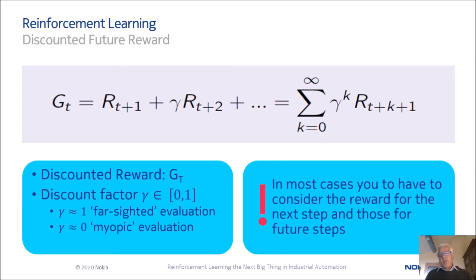Because you might do a move into a next state which doesn't give you so much reward, but maybe based on this state, you might get much more rewards because you are in a very optimal and a very good state in general. So in most cases, you have to consider the reward for the next step and also those rewards for future steps.